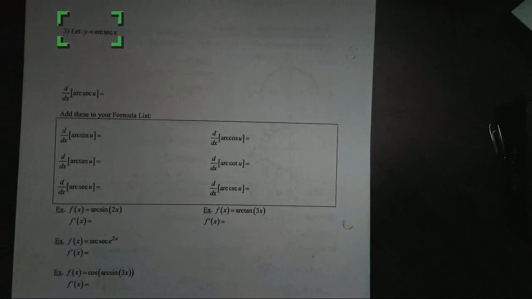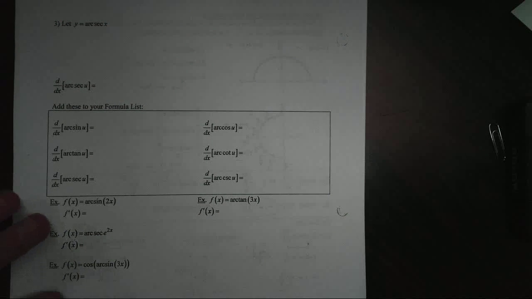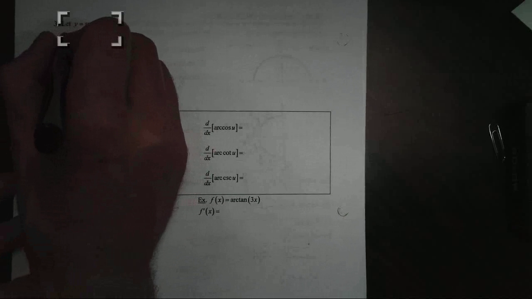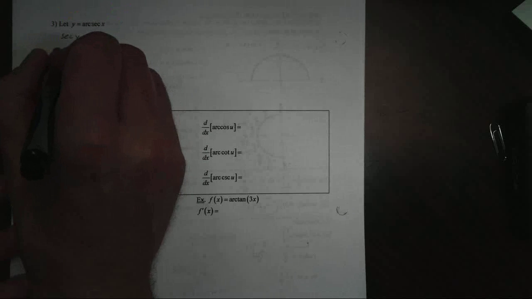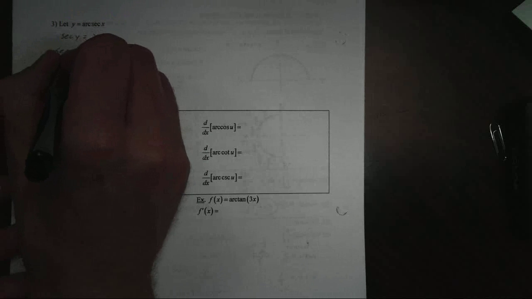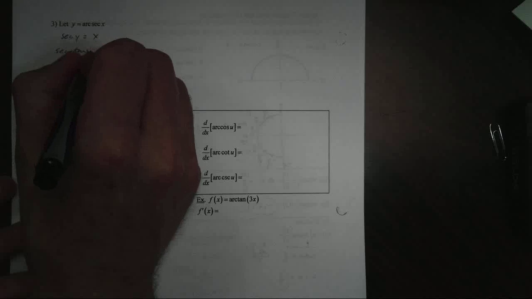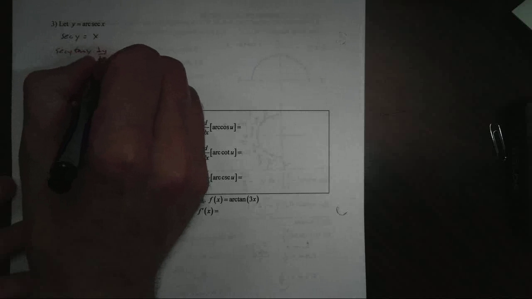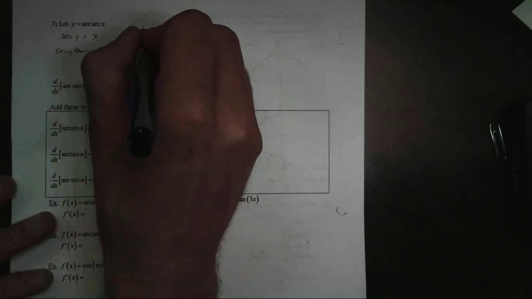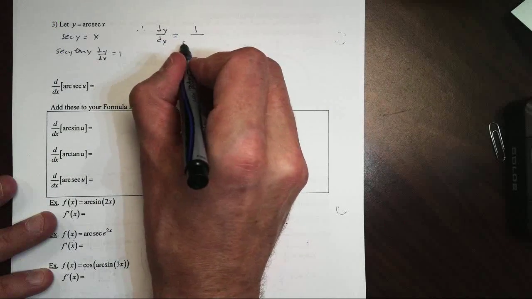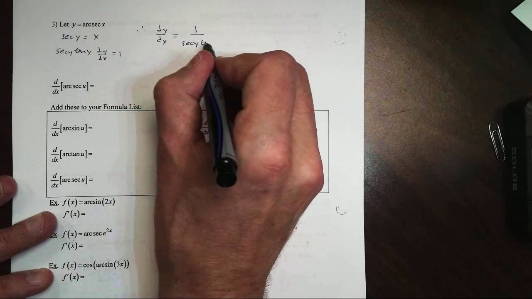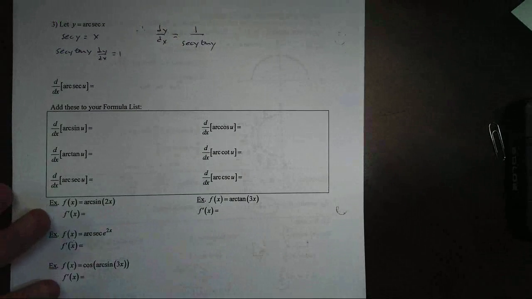So let's prove arc secant here. Same idea. We're going to say the secant of y equals x. The derivative, secant y tangent y dy/dx, because it's implicit, equals 1. So therefore, my derivative dy/dx is going to equal 1 over the secant of y times the tangent of y.